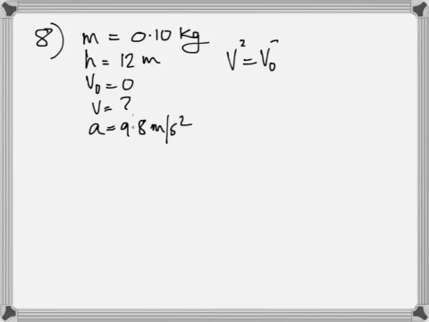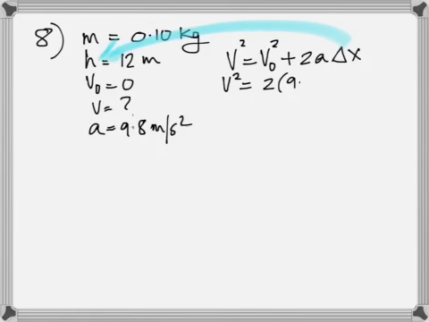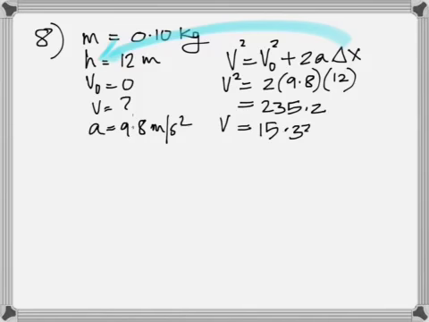V squared is V naught squared plus 2A delta x, where delta x is h. Substitute the numbers to get V squared as 2 times 9.8 times 12, because V naught is 0, remember? And when you take the square root of 235.2, you get 15.33 meter per second.